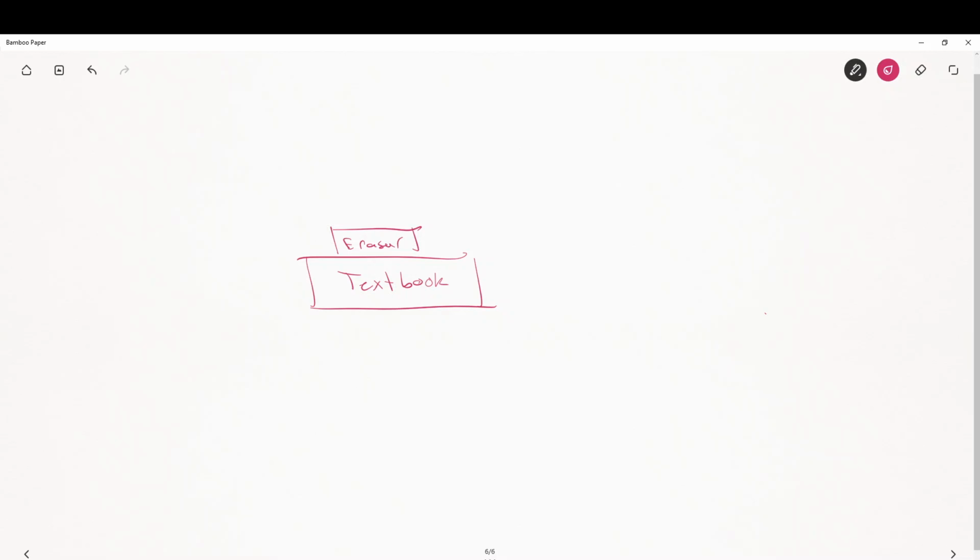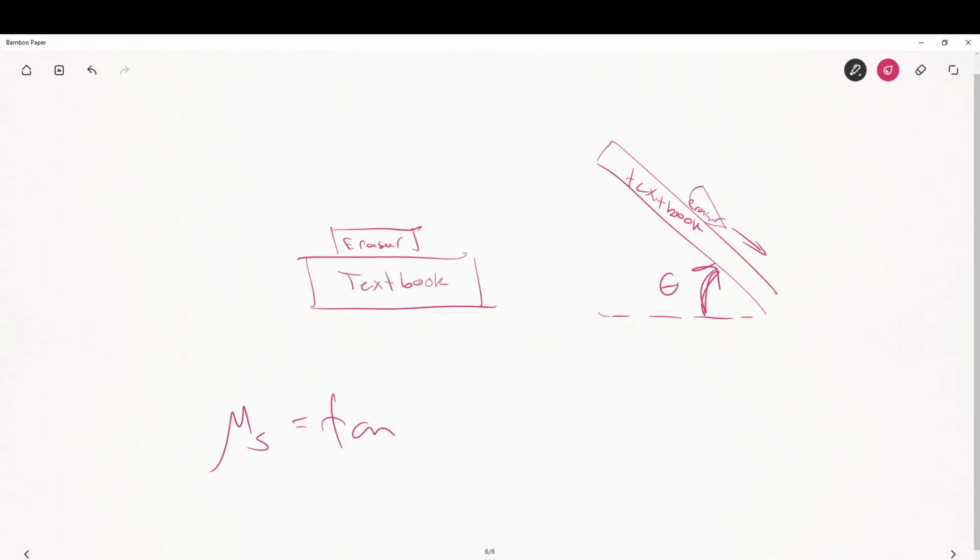And then you can increase that textbook's angle until the eraser starts to slide down. And you've got some measured angle here. To determine mu sub s, all you would do is compute the tangent of that angle. This is actually a fairly reliable experiment.